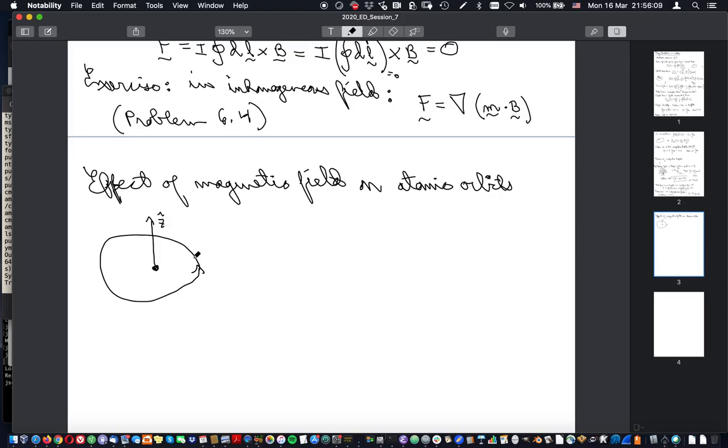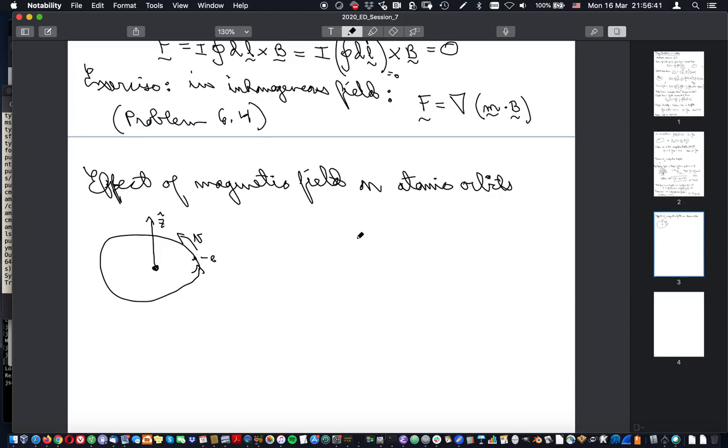There's a charge, your electron's here, it's got charge minus e, and let's imagine that it's moving at a certain velocity v in the counterclockwise direction of the circular motion. Right, so you can do some calculations here. Maybe I'm not sure it's worth doing this here.